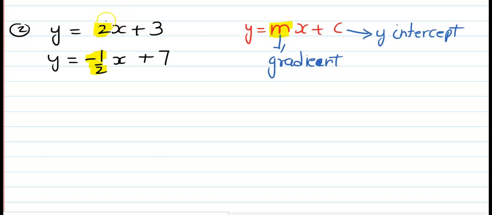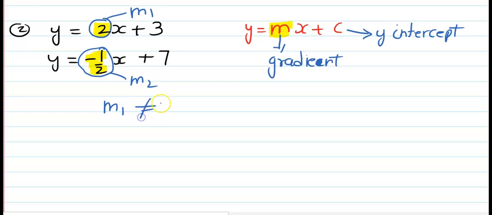In this equation the gradient is 2, so m1 is 2, and here the gradient is -1/2, so definitely they are not equal. m1 is not equal to m2. But if you multiply m1 times m2, are you getting -1?